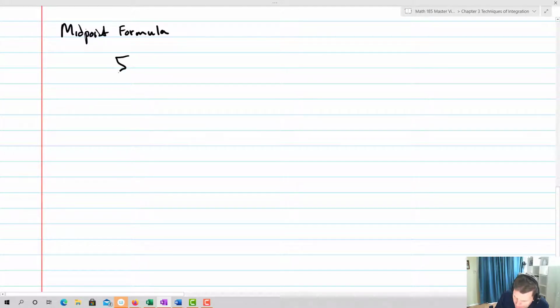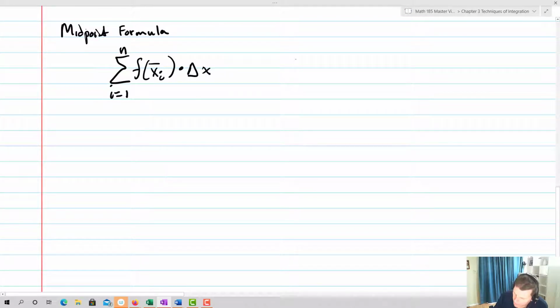So let's write out our midpoint formula. I'm going to have a summation, going from i equals 1 up to n, of f of xi bar times delta x.